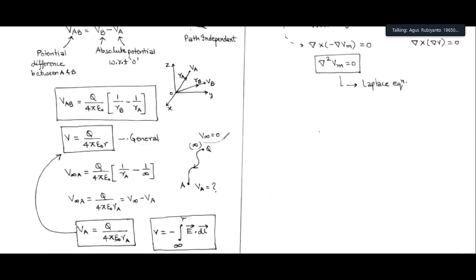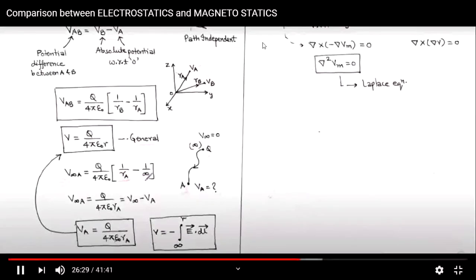So according to our formula, the potential difference between infinity and point A is equal to Q upon 4 pi epsilon naught within bracket 1 upon RA minus 1 upon infinity, because here we consider an absolute potential with respect to origin. So at point A the position vector is RA, and for infinity the distance is infinite.